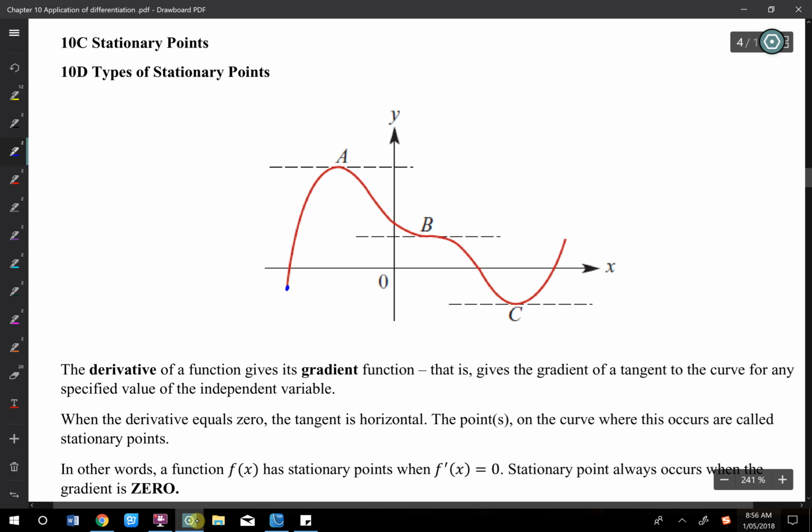Okay, add the endpoint here. A, B, C, let's say that's a point D. And extend this one longer. How long? Depends.